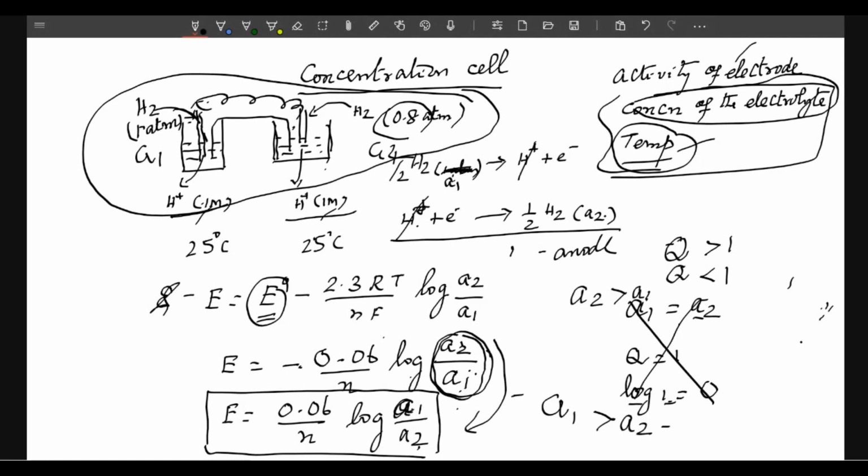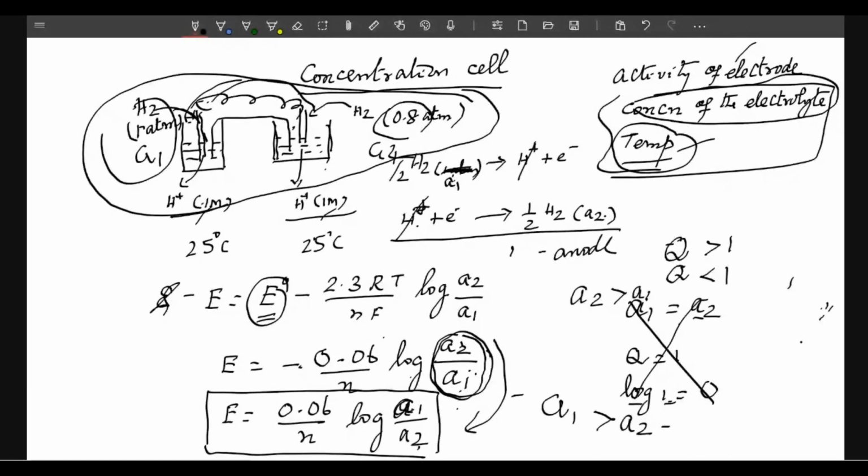In this situation, this would act as the anode and the electron moves from this to the other, and electricity is produced. Therefore, just looking at the cell representation, you can easily say whether the electrode concentration cell will deliver the EMF or consume the EMF.